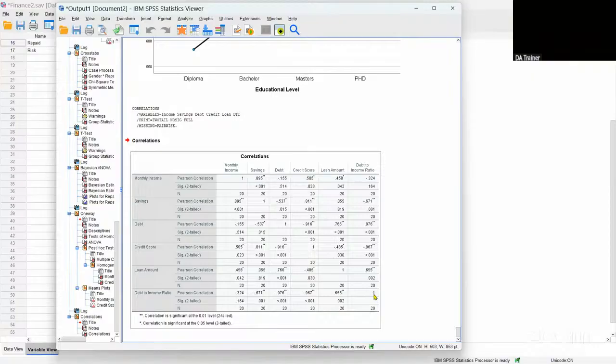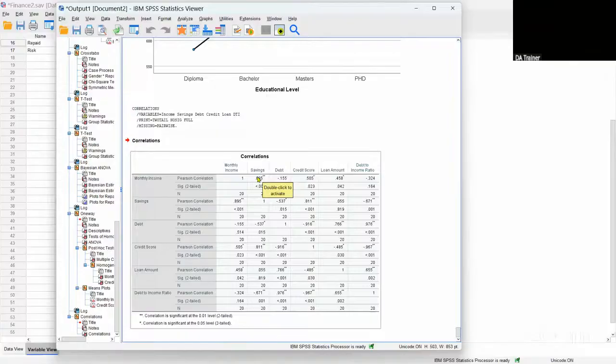Now, we are looking at what is closer to 1 and what is extreme to -1. You agree with me that monthly income has a positive correlative power to savings. Savings is almost closer to 1.